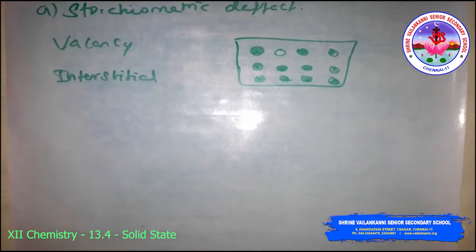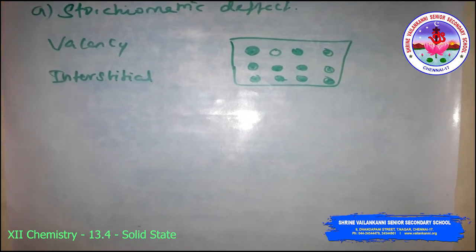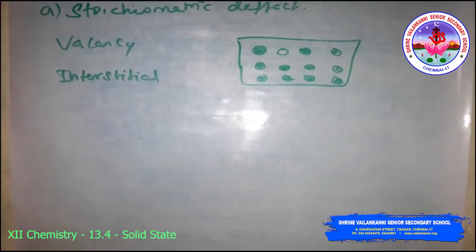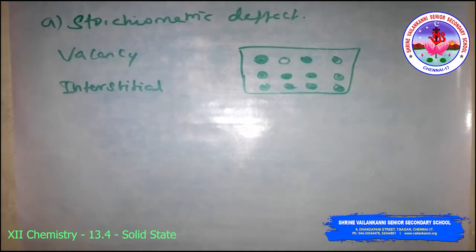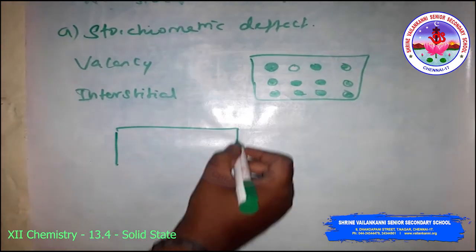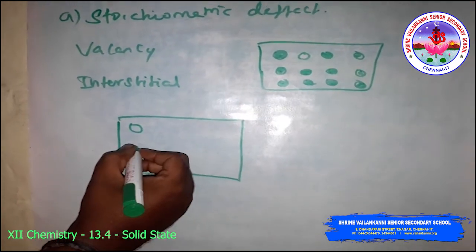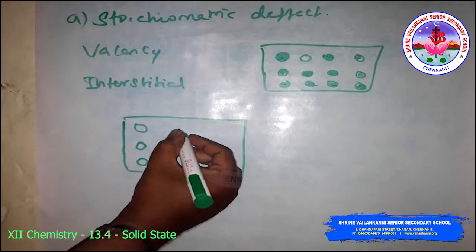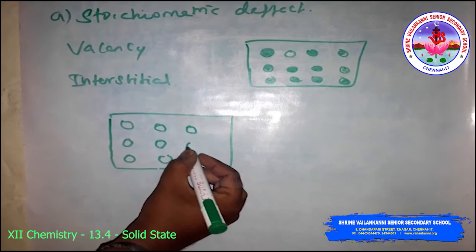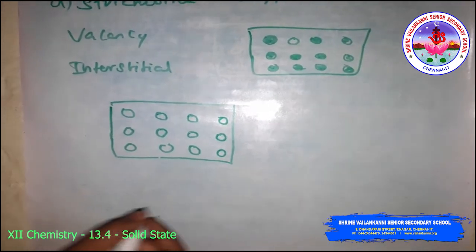Then the interstitial defect. In the interstitial defect, the constituent particles, that is atoms, ions or molecules, occupy the interstitial position, that is the interstitial site. For example, this is the regular arrangement.